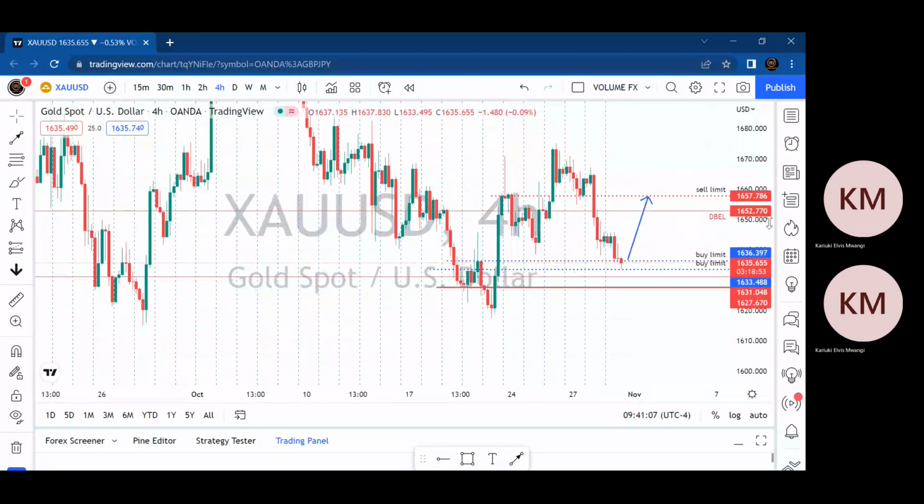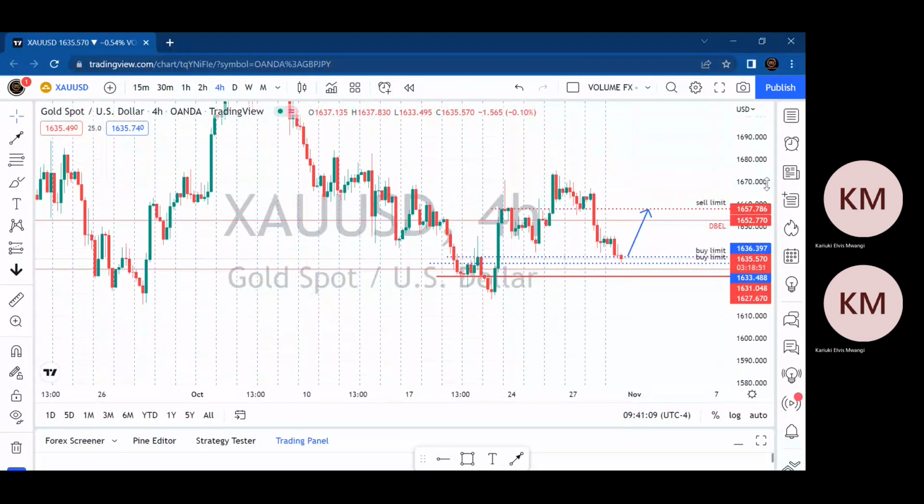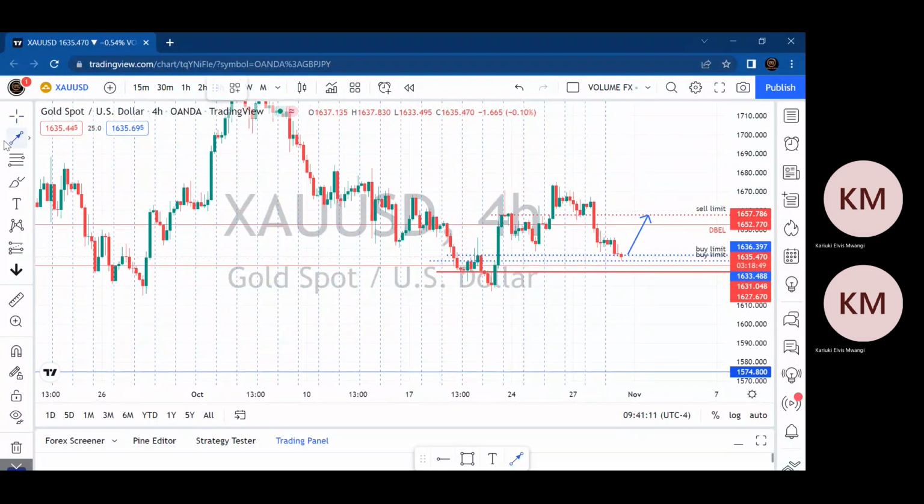Whenever it reverses, where is my take profit? My take profit is, I'm expecting price to hit 1574. That is my ultimate sell price for gold for a long-term trade.